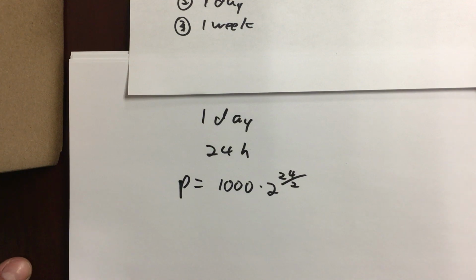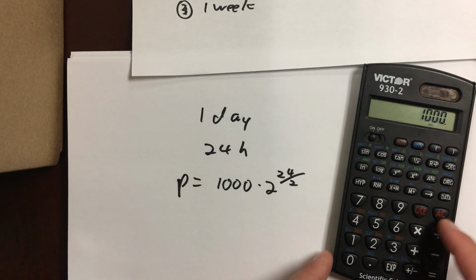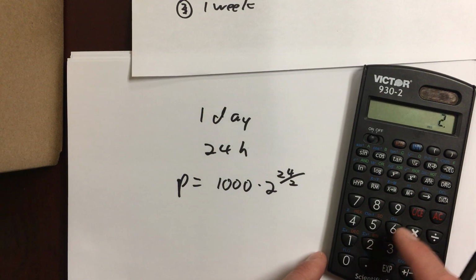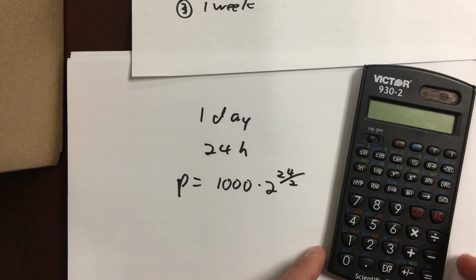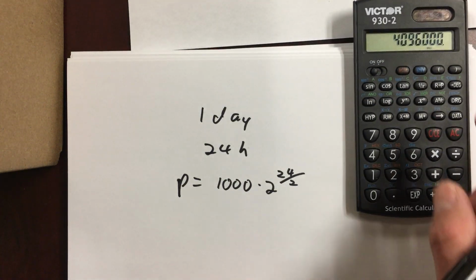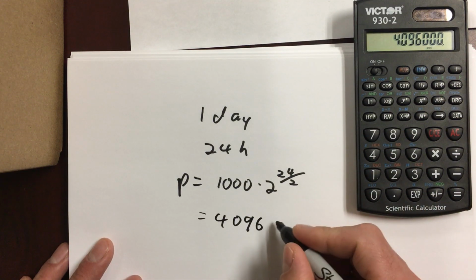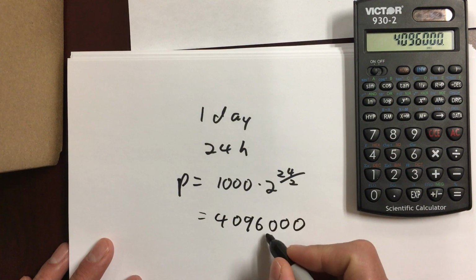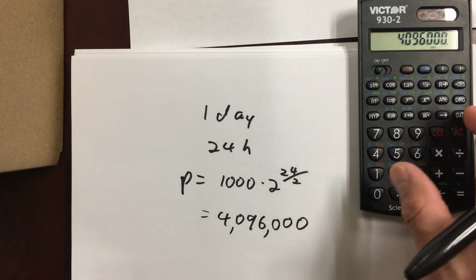You could watch it 12 times in 24 hours. So I have 1,000 times 2 to the exponent 12 gives us 4,096. So that gives us 4,096,000.